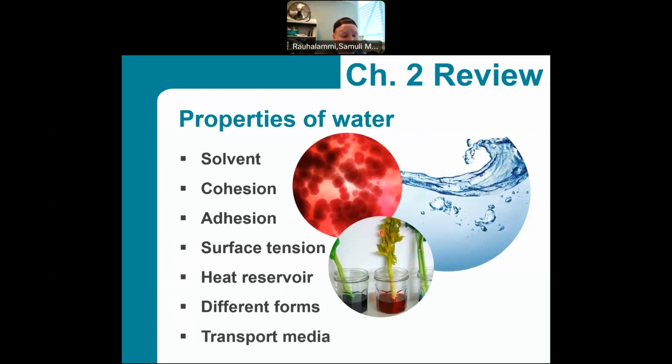It can be, for example, in plants, simply water that we use to transport nutrients from the soil to the leaves, through the root system and through the trunk. So water is a great way of transporting materials because it is a great solvent. It has a capacity of dissolving a lot of things. So you'll see how these things all connect together.